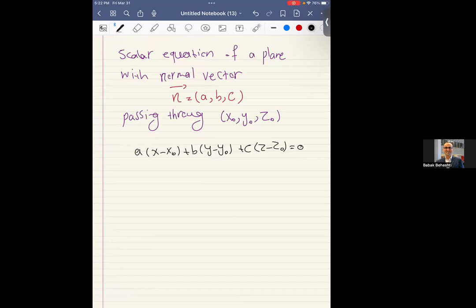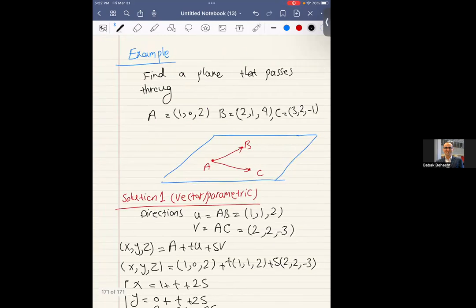Yeah. I will do it for this example. So if I want to write then a scalar equation, I need the normal. But what is the normal? Normal is the cross product of AB and AC.